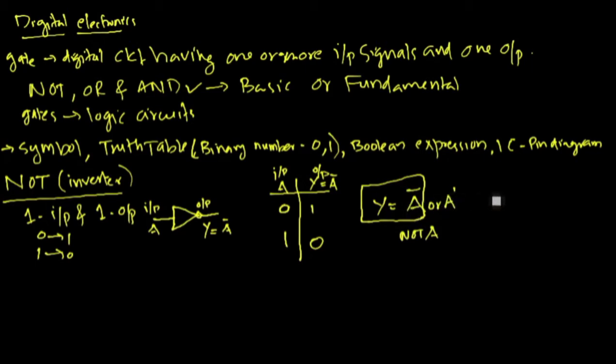Now regarding the IC and the pin diagram, the IC 7404 is a logical NOT gate IC, an integrated chip with 14 pins.